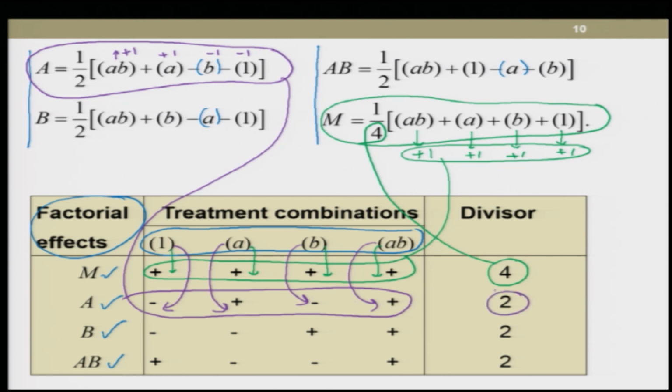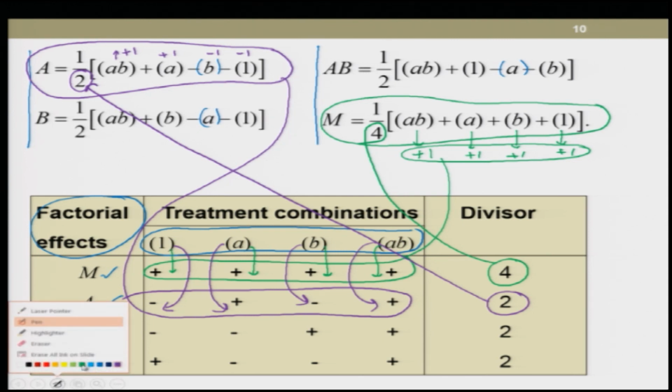And this is the divisor, which comes from here. And the same thing I have done for B and AB also.